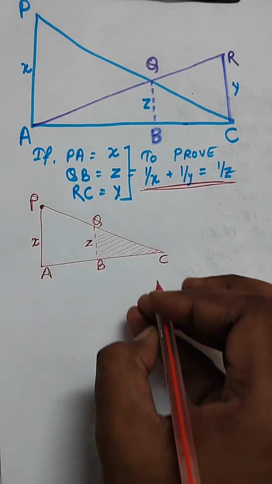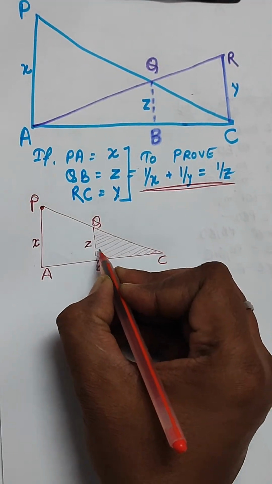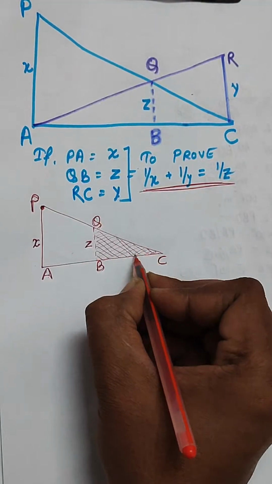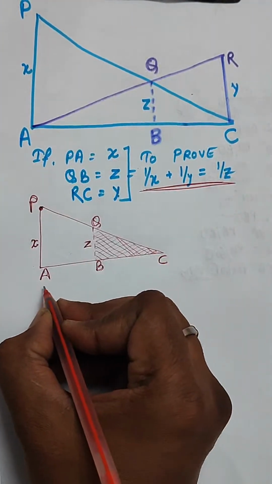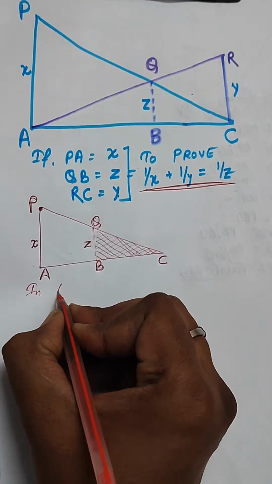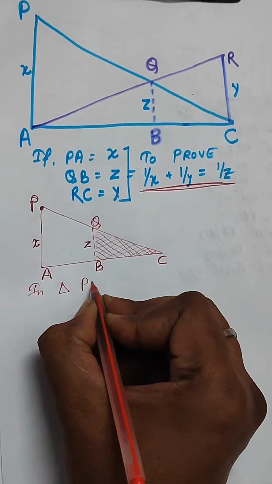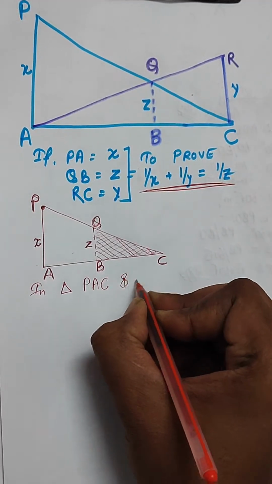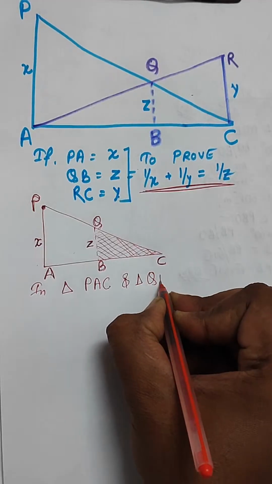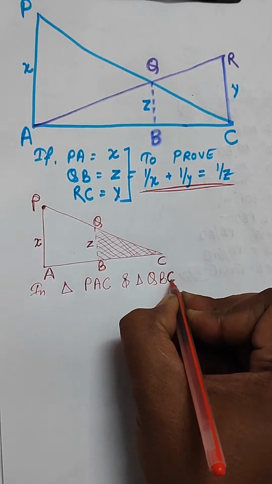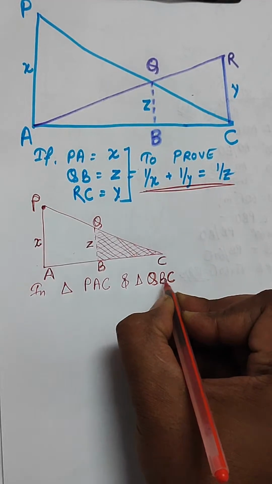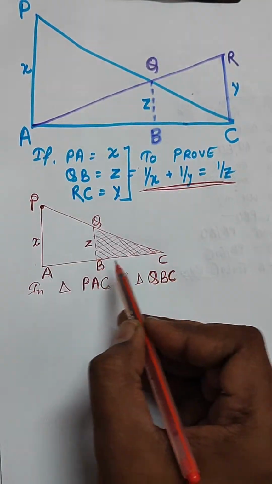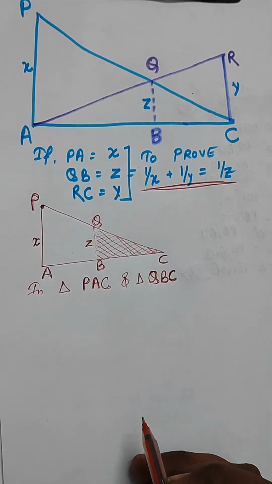Right? So we can see in the triangle PAC and triangle QBC, right? Hope you understand which are the two triangles, the bigger one and the smaller one.